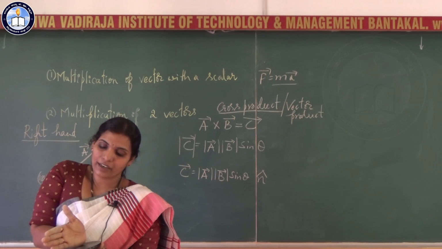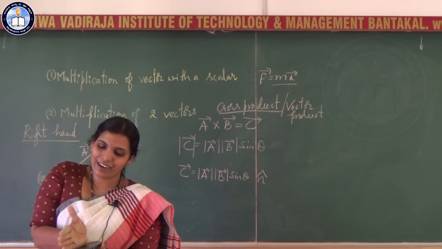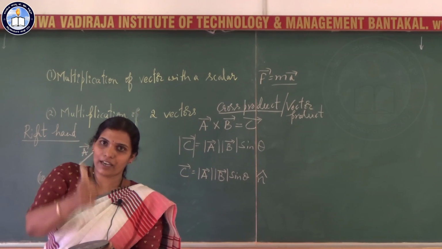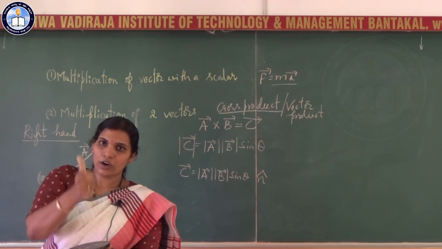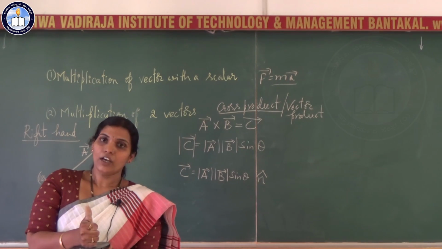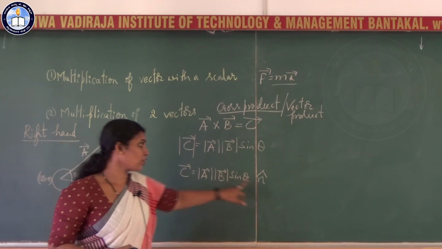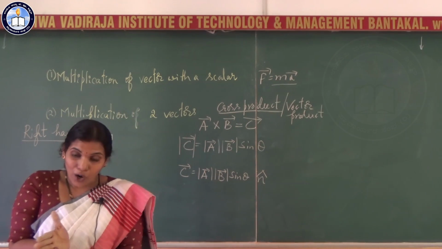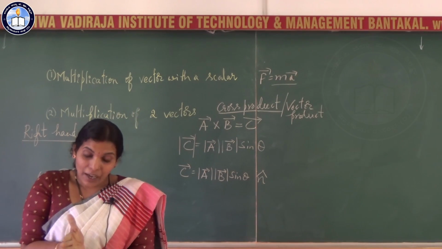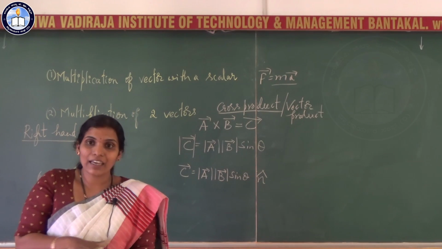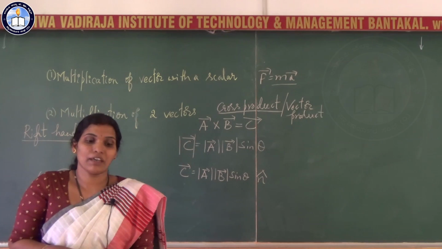Curl your fingers from A vector to B vector. Now, the thumb gives you the direction of C vector or n cap. You see, the direction of C vector or n cap is always perpendicular to the plane containing the two vectors A vector and B vector.